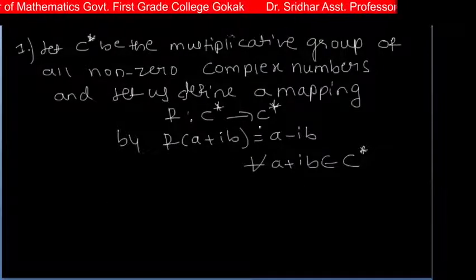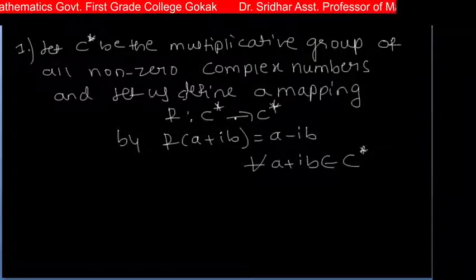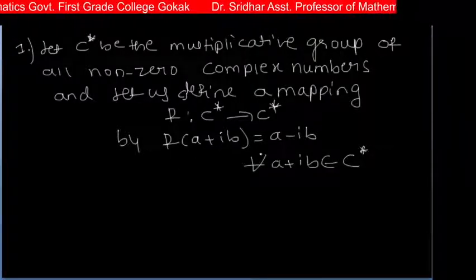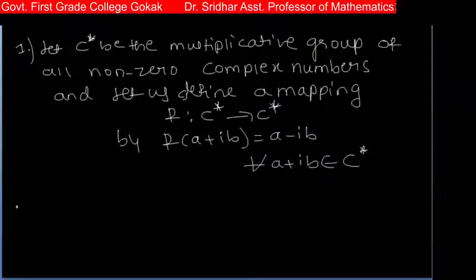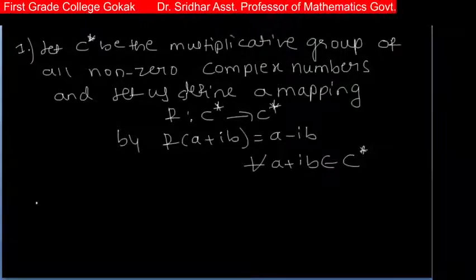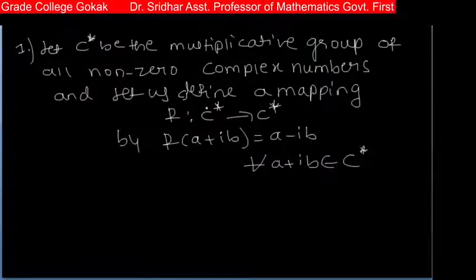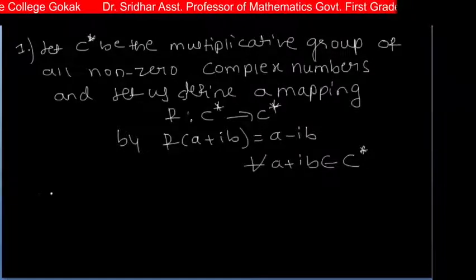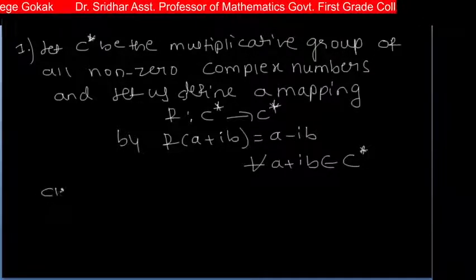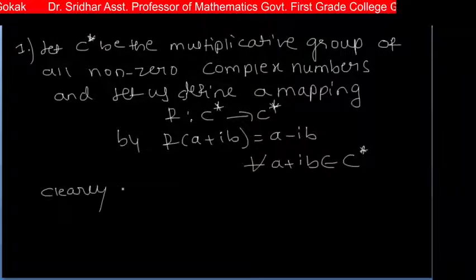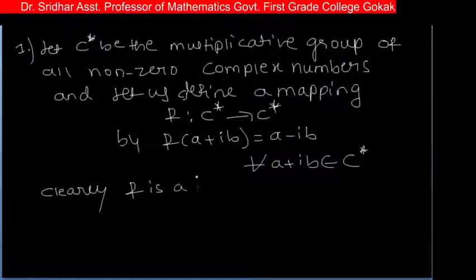So we define a mapping from C star to C star by this. Now we find the kernel of the homomorphism. So now clearly we observe that f is a homomorphism.